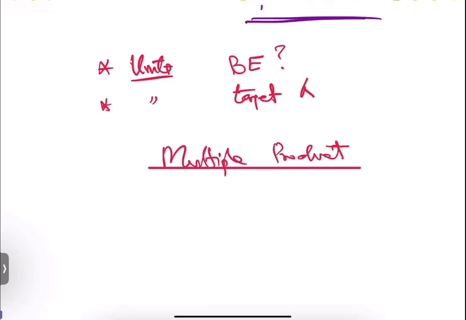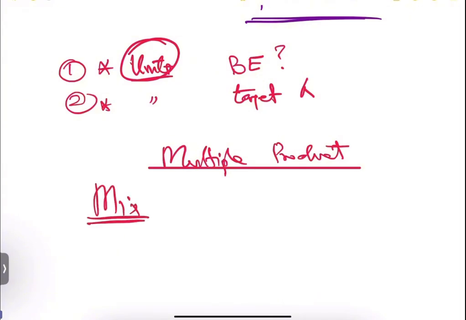So, which means we're still going to be asking ourselves these two questions. But the difference is that instead of talking about units, we'll be using mix most times. Then we'll learn how to convert that mix to units.